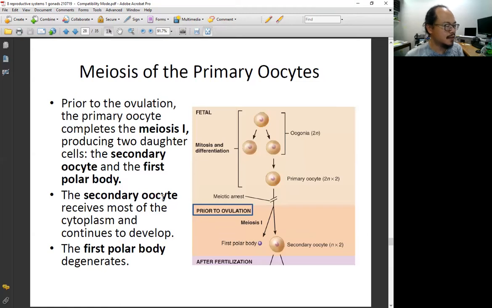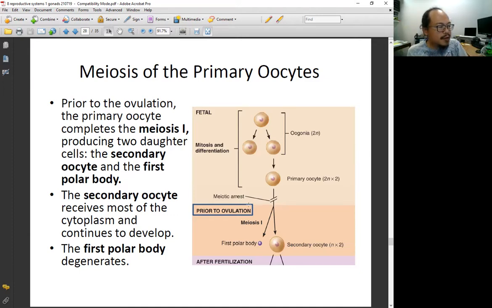So with this ovulation, the oocyte will complete its meiosis. We talked about how the primary oocyte is arrested at prophase, so it's not even divided yet at birth.